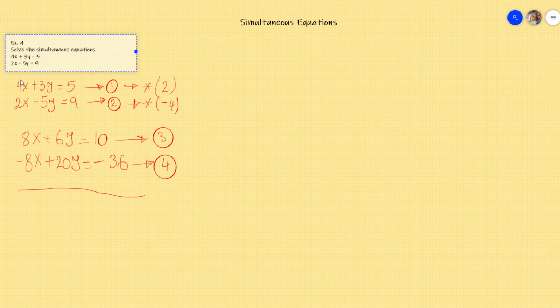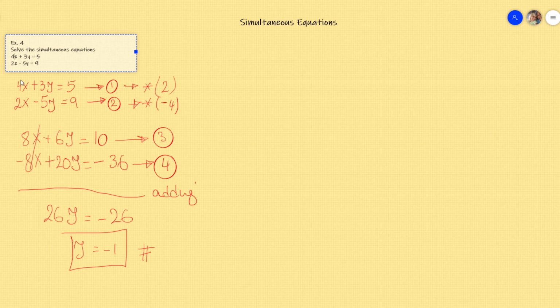Now by adding both equations, the x terms will cancel each other, then we will have 26y equal minus 26, so y is equal negative 1.